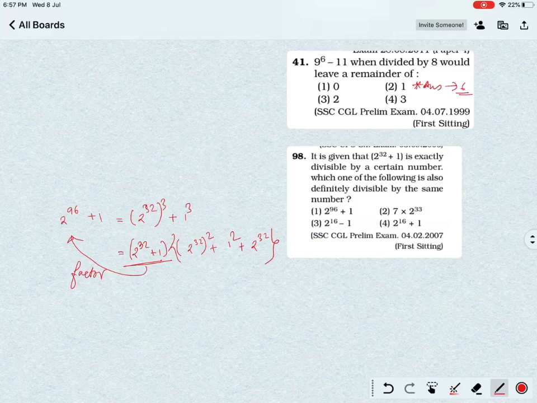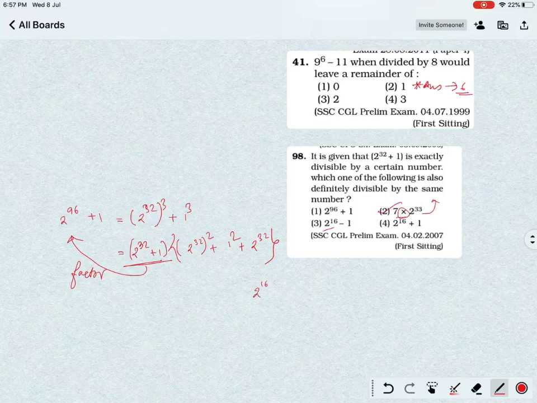Next we'll check the second option. The second option is clearly not possible because we have a multiplication sign, so it can never be a factor of the given number. Then 2 to the power 16 minus 1 can have a possibility.